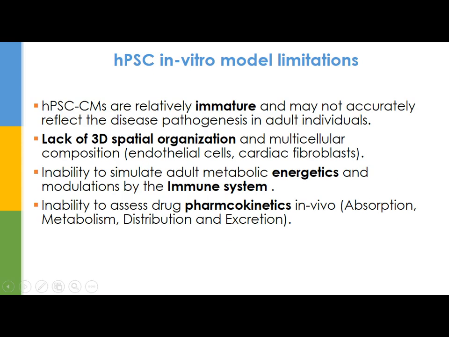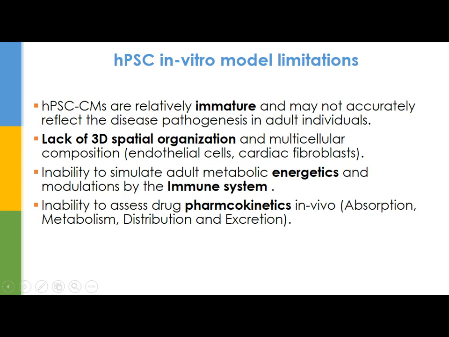There are additional limitations of the human pluripotent stem cell in vitro model. These cells are relatively immature and may not accurately reflect the disease pathogenesis in adult individuals. Using these models, the cells lack 3D spatial organization, and we evaluate only cardiomyocytes.